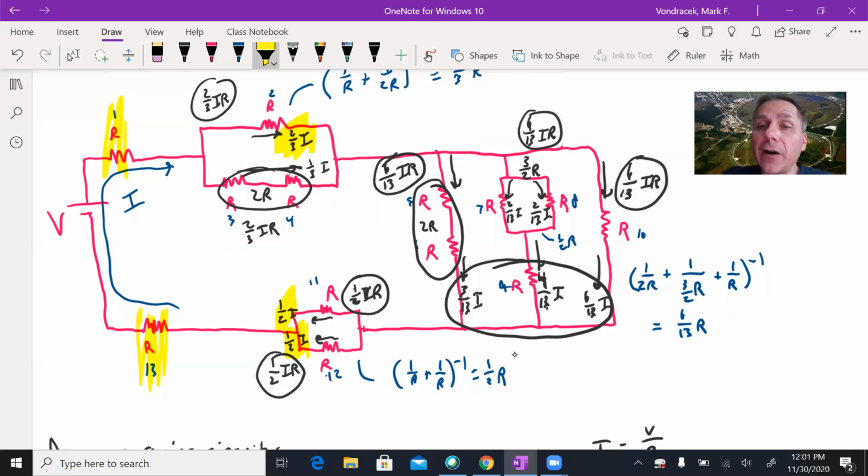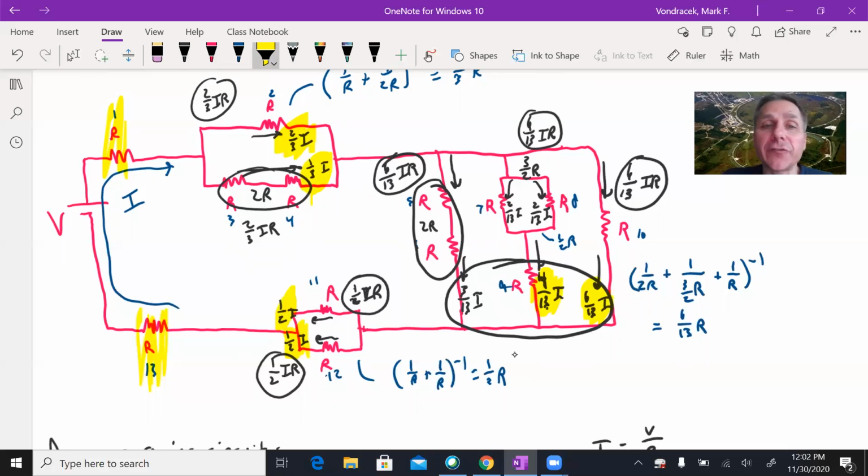Then we look at the far right, 6/13, just a hair under a half. So resistor 10 will be next. Then a little bit dimmer is going to be the 4/13 I, or light bulb 9 down there. Then, hold on, I forgot one up here: we have 1/3 I up here.